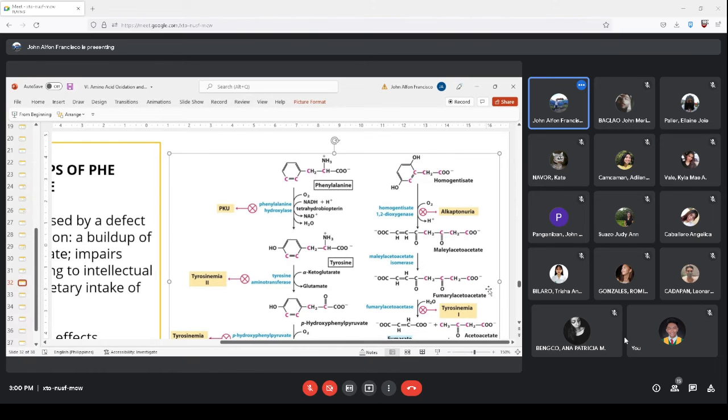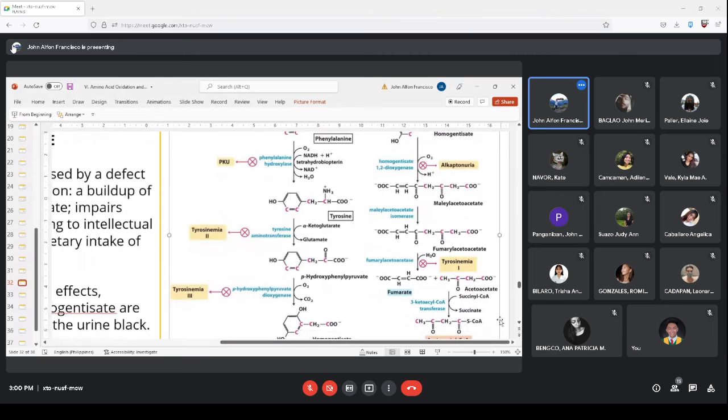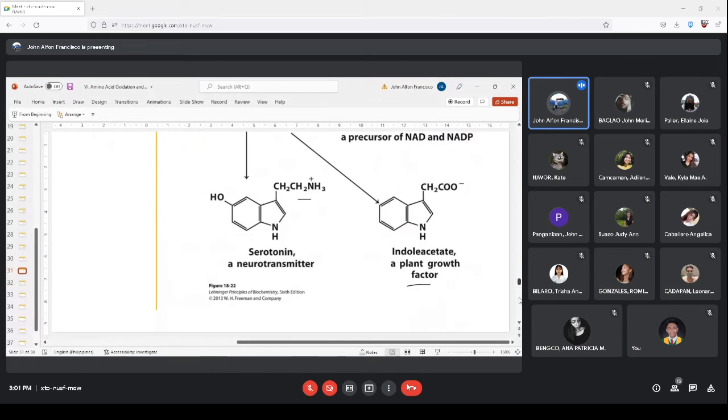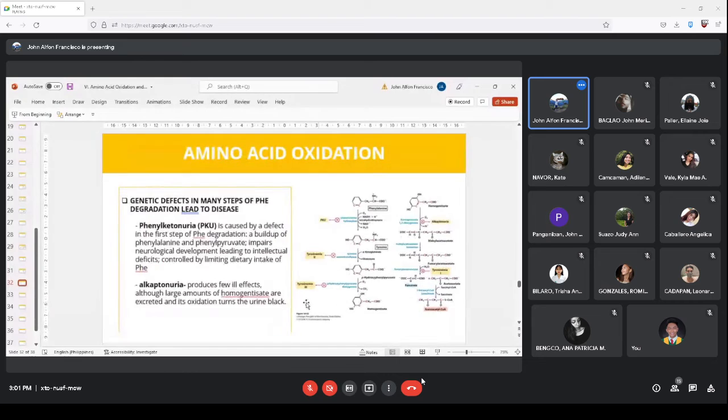Okay? Another disease that can happen is tyrosinemia. Marami kang tyrosine sa body, dahil sa build-up mo ng mga tyrosine. At yung isa is alkaptonuria.